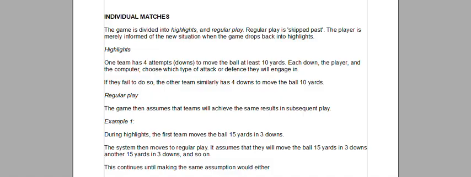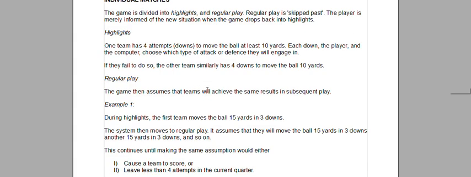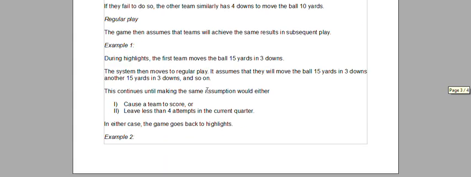Let's say you move the ball 15 yards in 3 downs. In other words, you're successful. Well, then the game is not going to make you simulate the subsequent downs. It's just going to say, okay, we'll assume they move another 15 yards in another 3 downs, and then another 15 yards in another 3 downs, and so on.